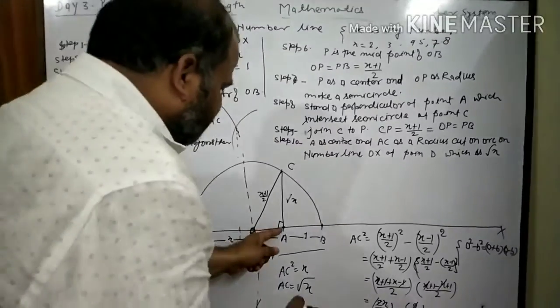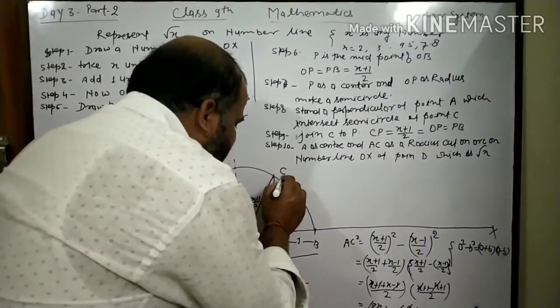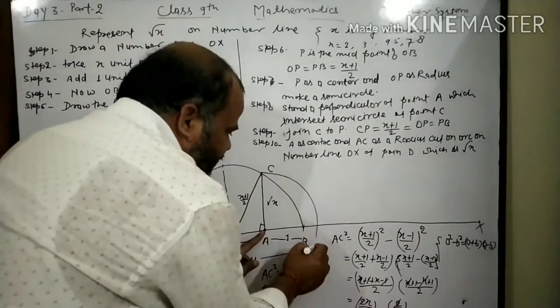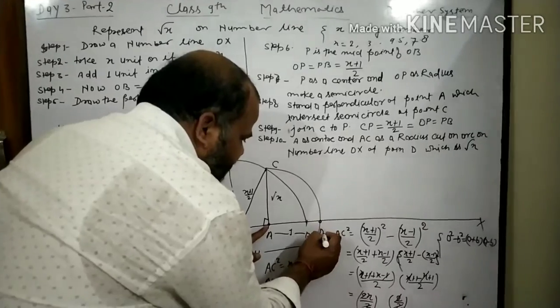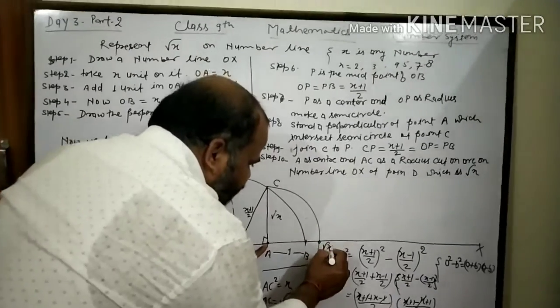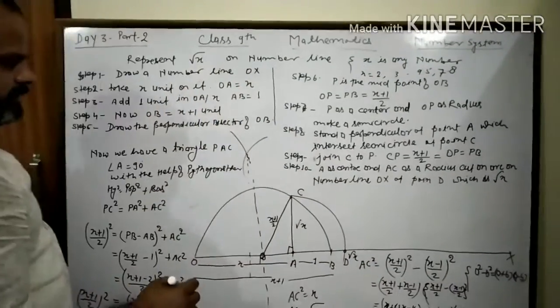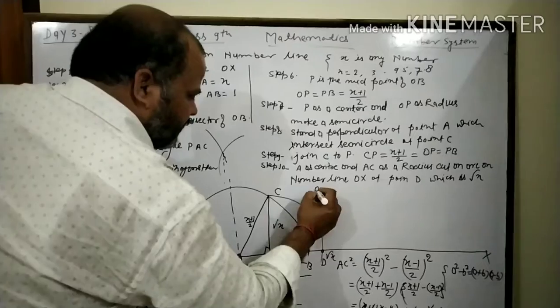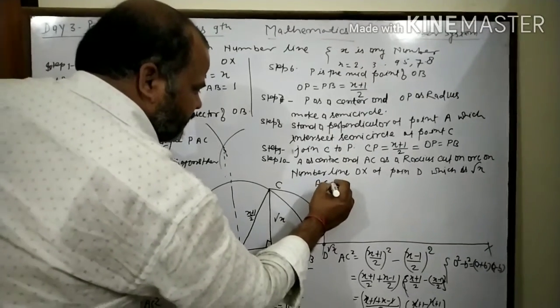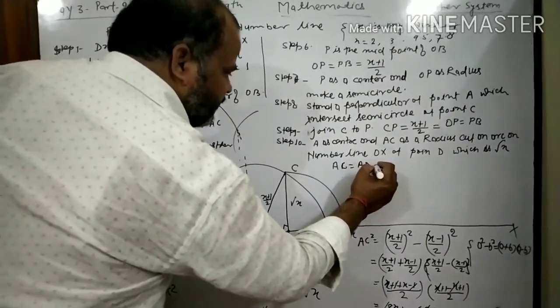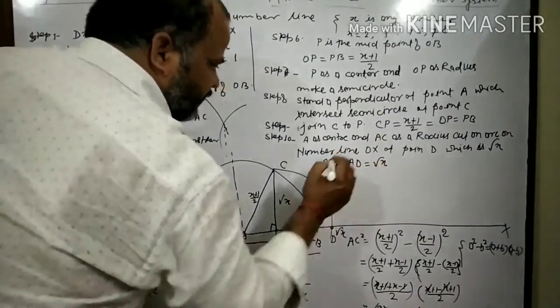Now A as a center and AC as a radius, cut an arc. This point is D and it is under root x. Clear? Now AC is equal to AD is equal to under root x.